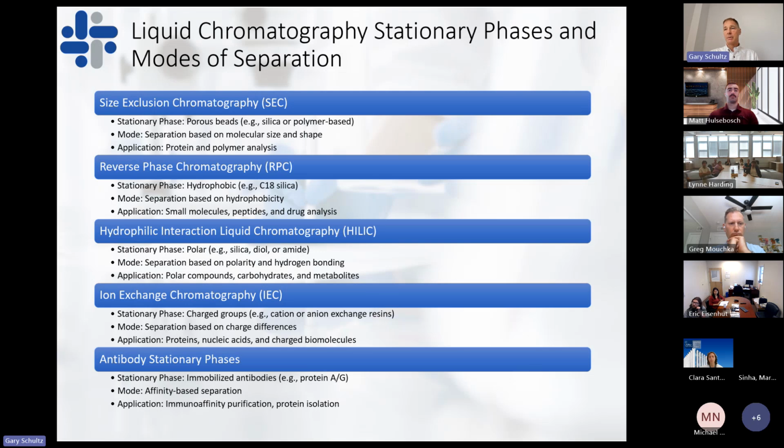From a separation point of view, liquid chromatography is an analytical method that separates component mixtures through partitioning between a stationary phase and a mobile phase. The stationary phase can be modified and chosen to select the separation mode based on the most unique physical characteristic of your analytes.